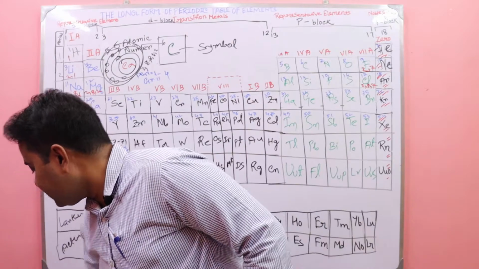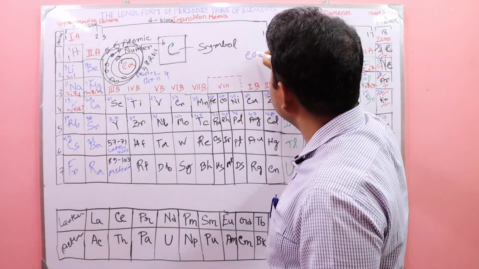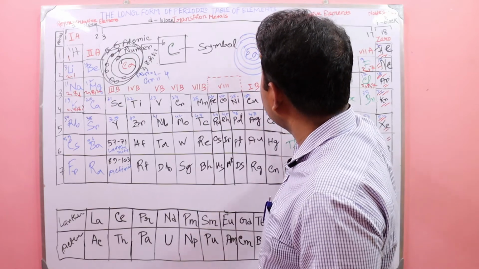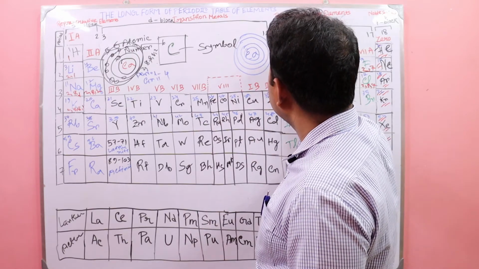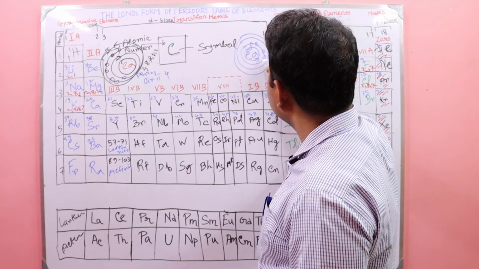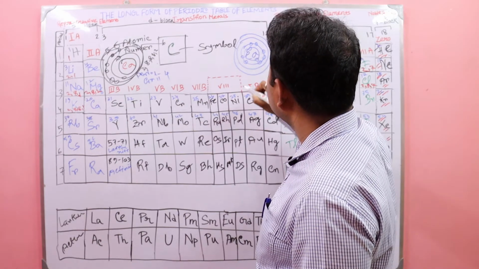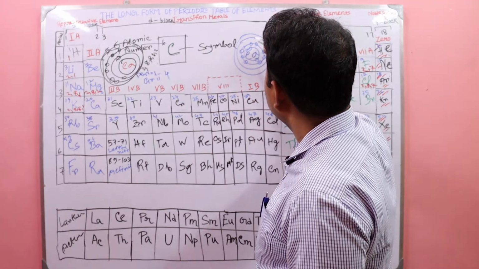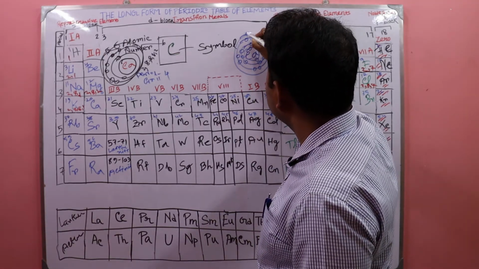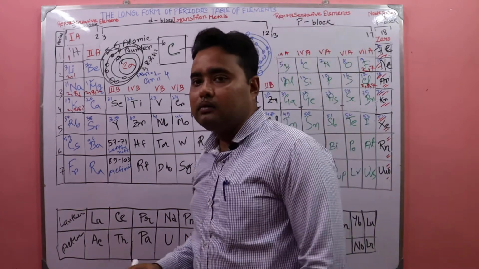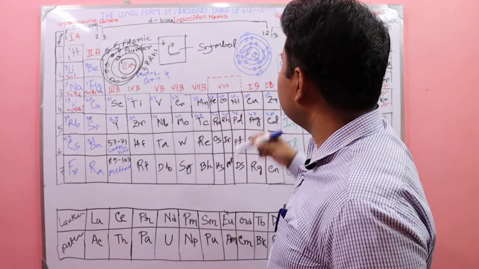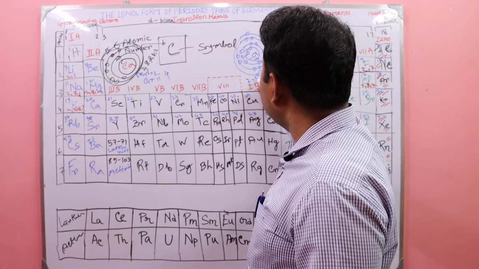I should correct it this way. Calcium should be like that. There is 2, 8, 8, and 2. Actually, the calcium structure is 2, 8, 8, 2.